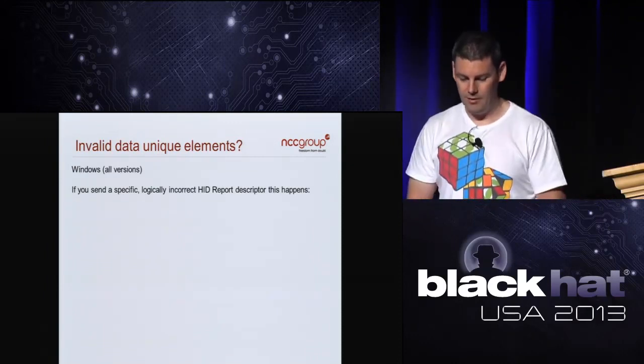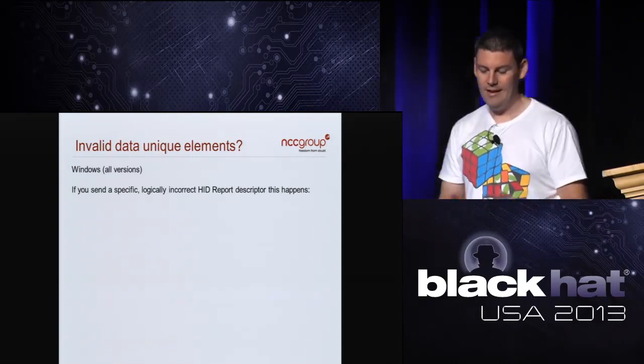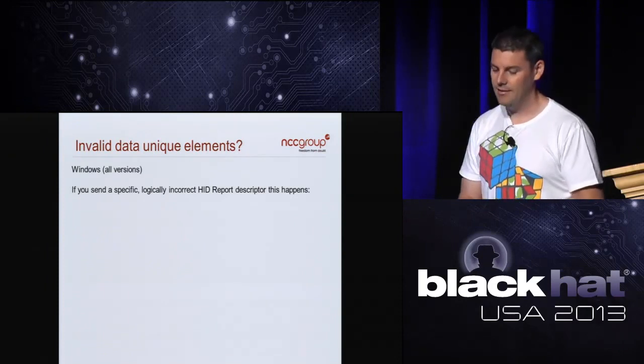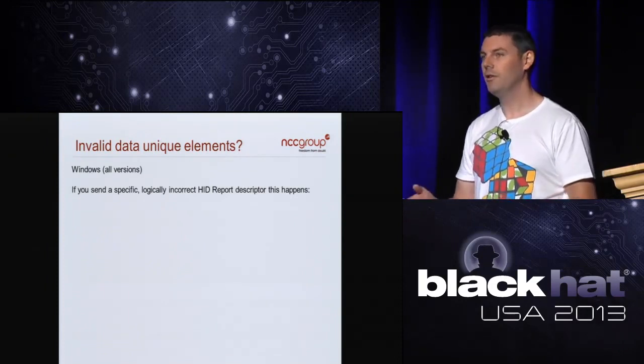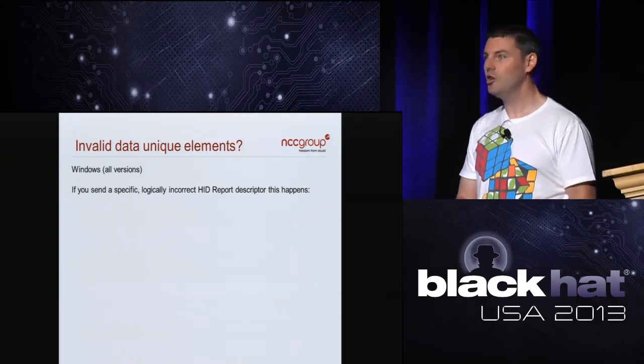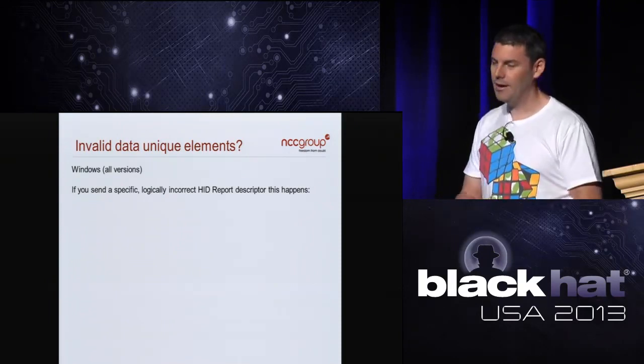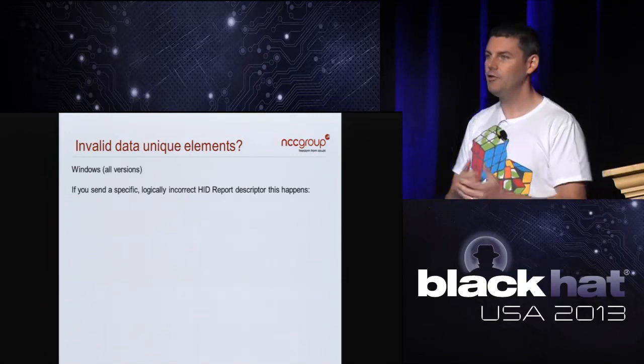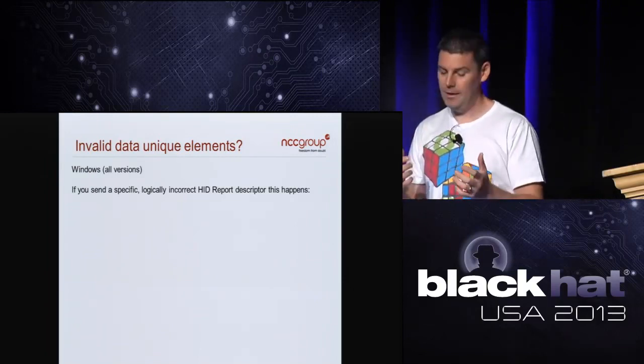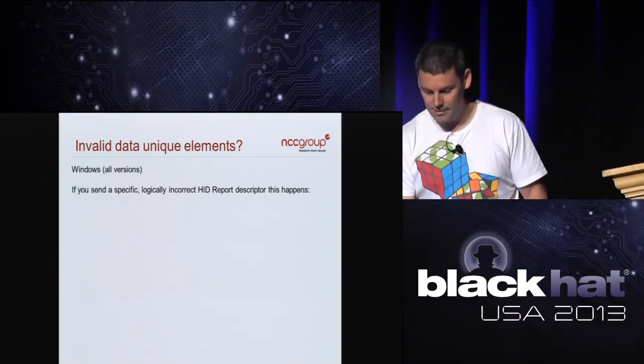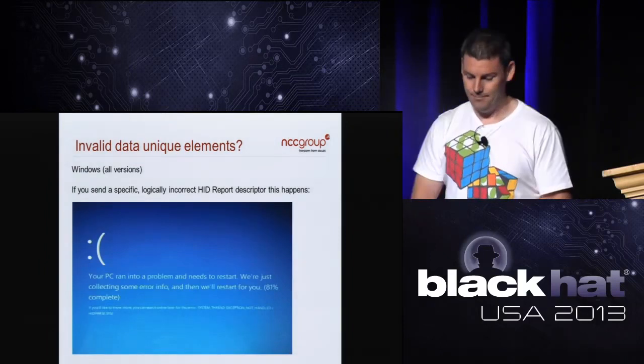So as an example, on Windows, any version after XP does this, up to the current version: if you send a specifically logically incorrect HID report descriptor, one of those descriptors sent in the initial enumeration phase that contains data about the configuration of the USB device, this happens.